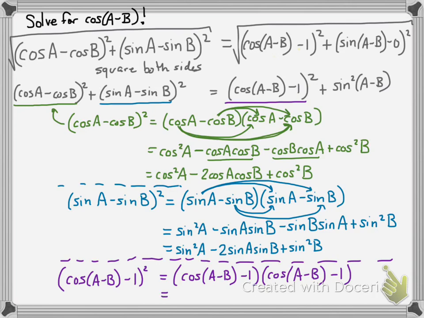And you should double check that when you distribute and combine your like terms, what you end up with is cosine squared of A minus B minus 2 cosine of A minus B plus 1. All right, now we have all the terms we need. Let's put this all together.